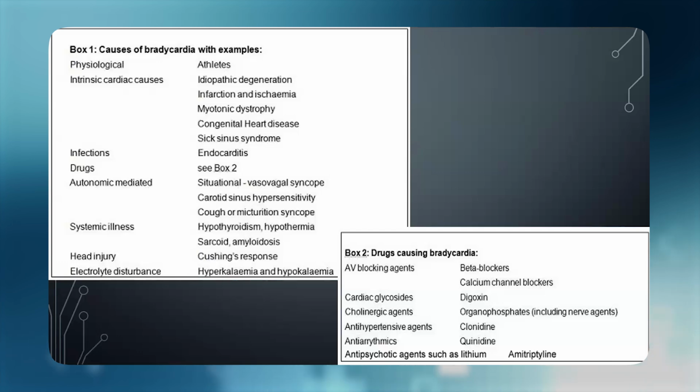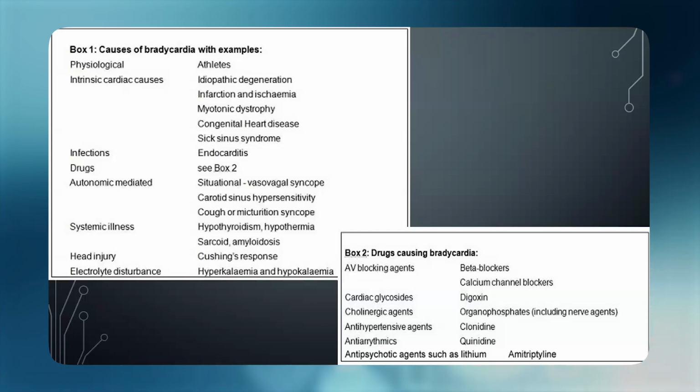Degeneration can happen in the form of fibrosis or fat deposition or sclerosis and non-functioning of the pacemaker cells. Infarction and ischemia, as you can understand, happen in myocardial infarctions or chronic coronary artery disease. Other causes are myotonic dystrophy, which affects the heart muscles as well.